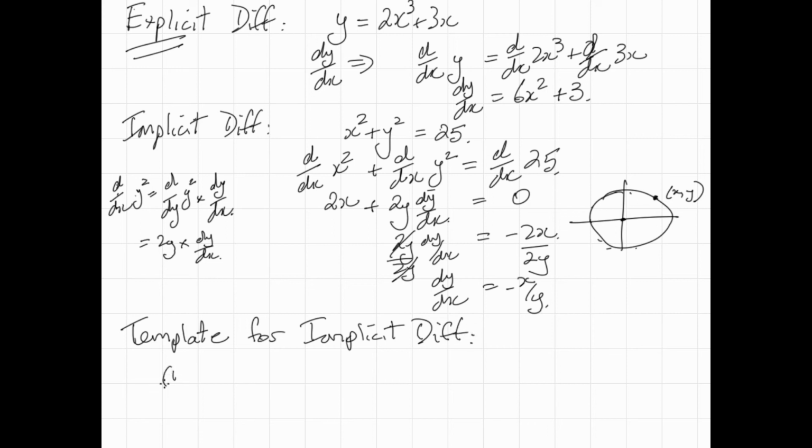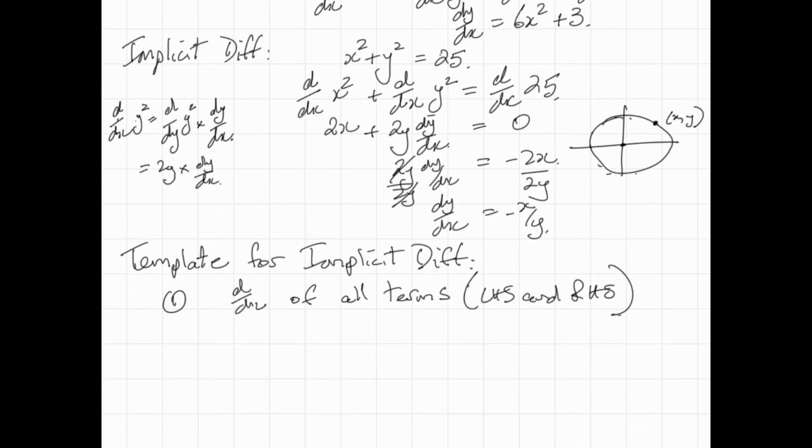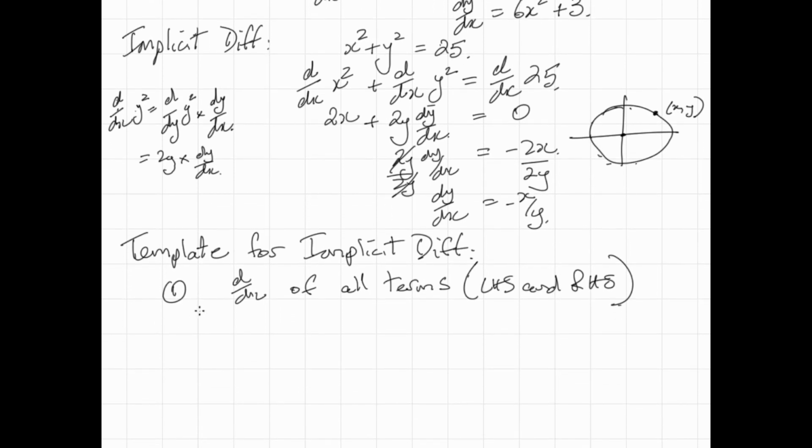Number 1, find d dx of all terms. That's left and right hand side of the equation. So you find d dx of all terms.